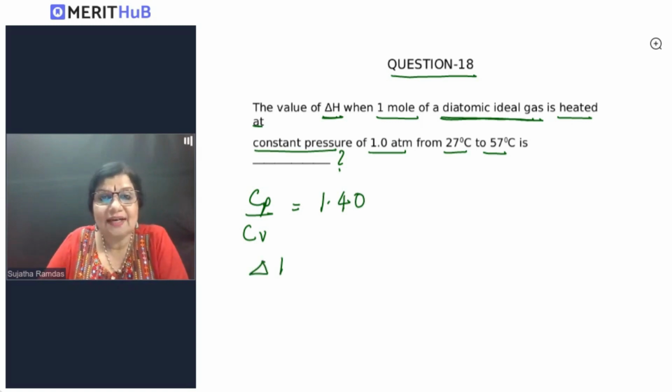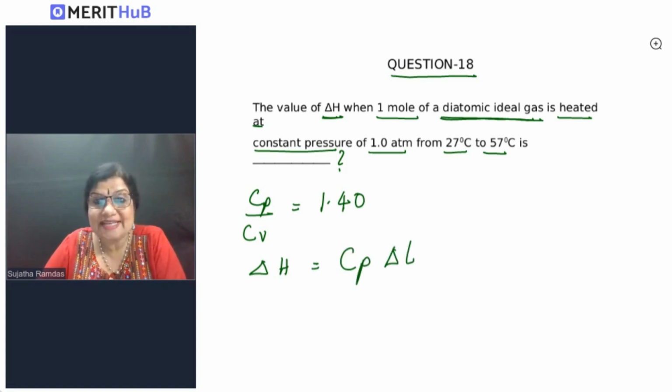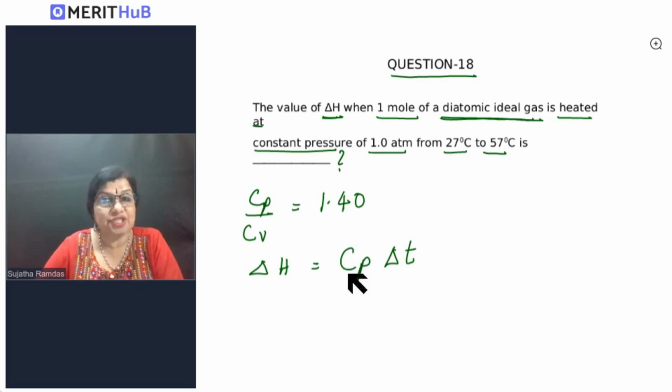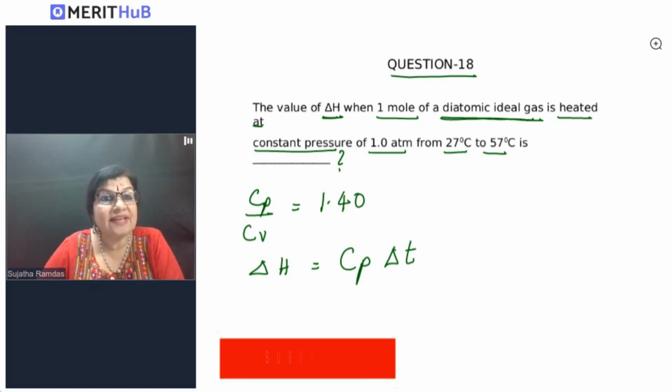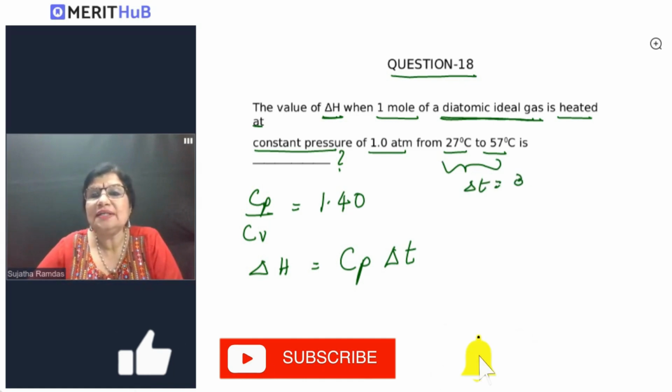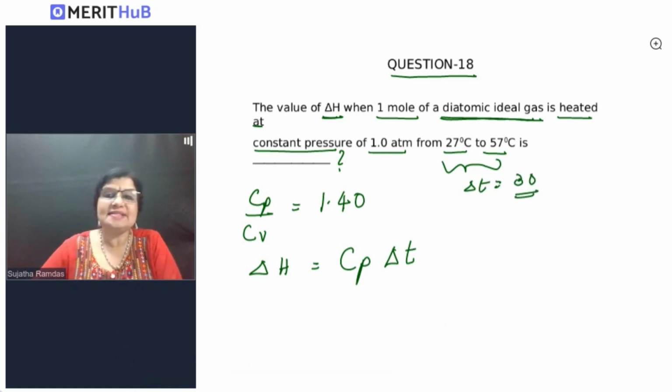Because the delta H at constant pressure is given by the formula Cp delta T. So to find out delta H, we need to find out Cp, the molar heat capacity at constant pressure, into the difference in temperature. So we have delta T here. Delta T is equal to 30, right? 30 degrees Celsius. That is the change in temperature.